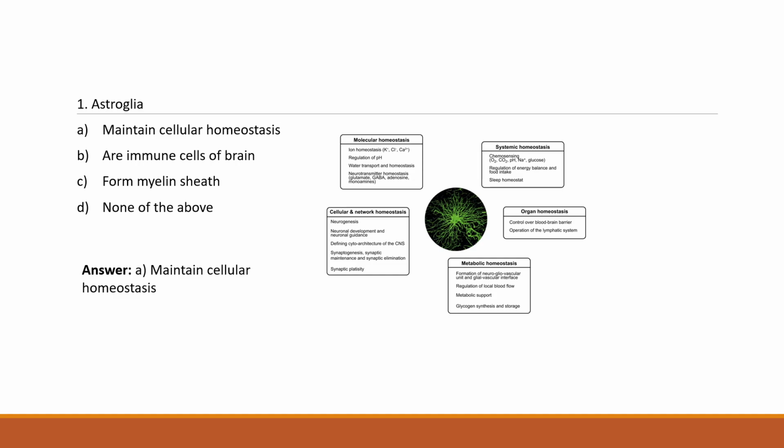That is your neurogenesis, during development or during course of information processing, when there is a need for neuronal generation. So your neurogenesis also is maintained by your astroglial cells and its network of homeostasis, your neuronal development and your neuronal guidance.